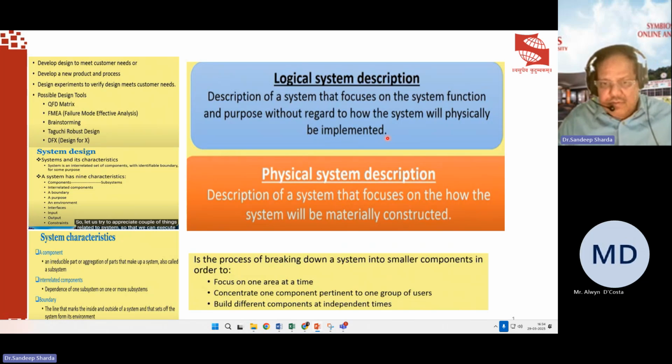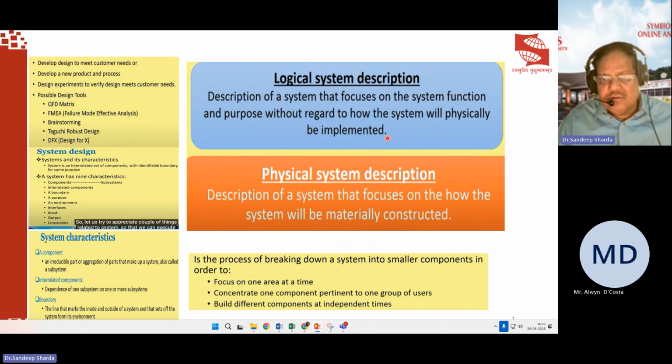Say in an automobile, we have the starting system, the fuel injection system, then the ignition system, then the lighting system, then the burning of the fuel, then converting it into power. So these are logical systems, each giving indications from one end to the other.